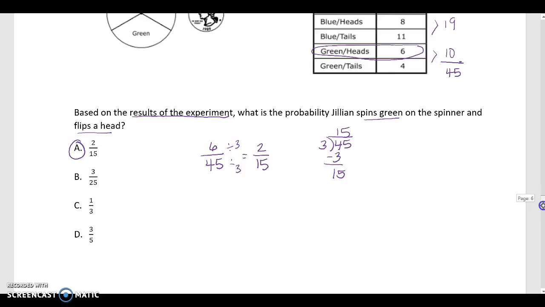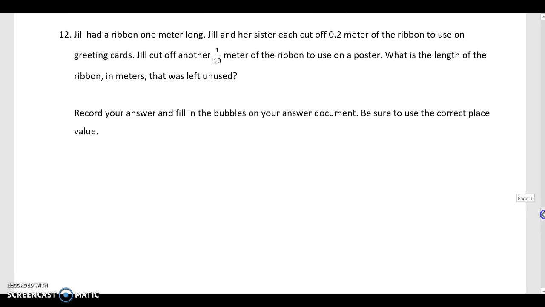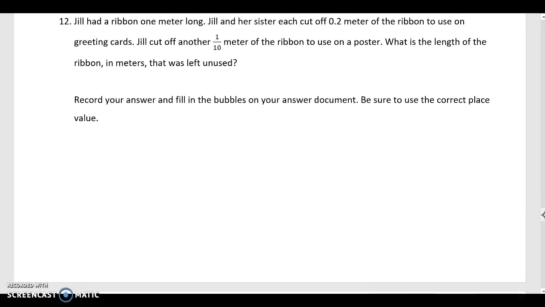Next. All right, Jill had a ribbon 1 meter long. Jill and her sister, oh my goodness, this is tricky. Jill and her sister each cut off 0.2 meters of the ribbon.